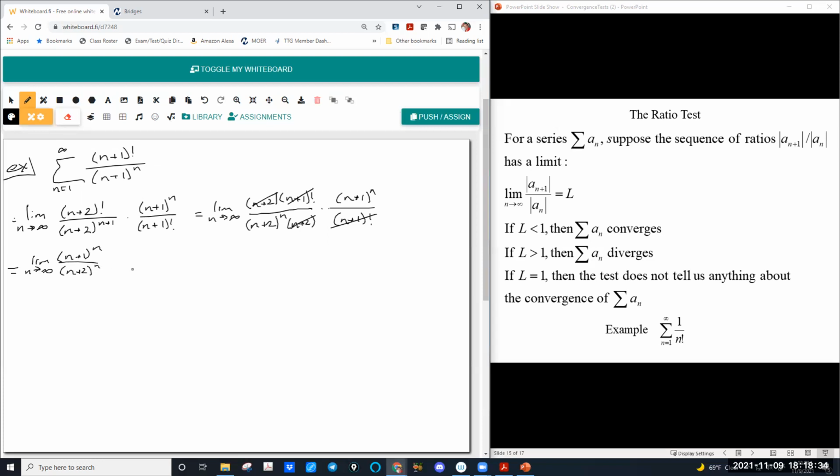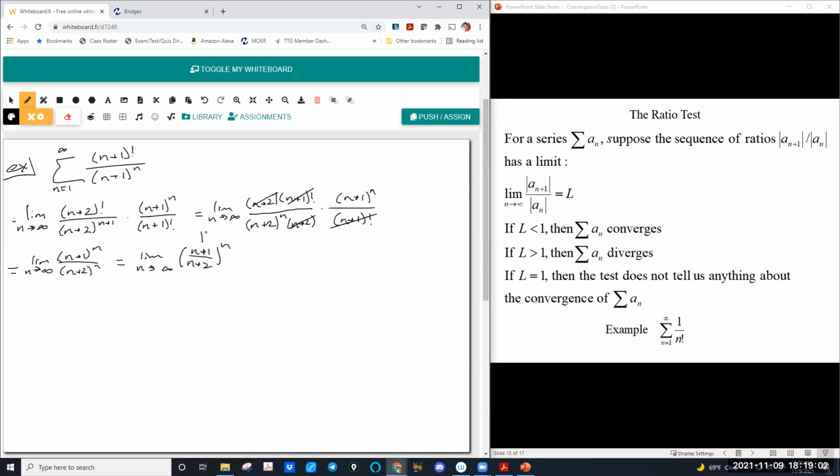Well, two things to the same exponent, we can write those to the same exponent. In other words, limit as n goes to infinity of n plus 1 over n plus 2 to the n. Now, what happens inside here, this goes to 1 as n goes to infinity.